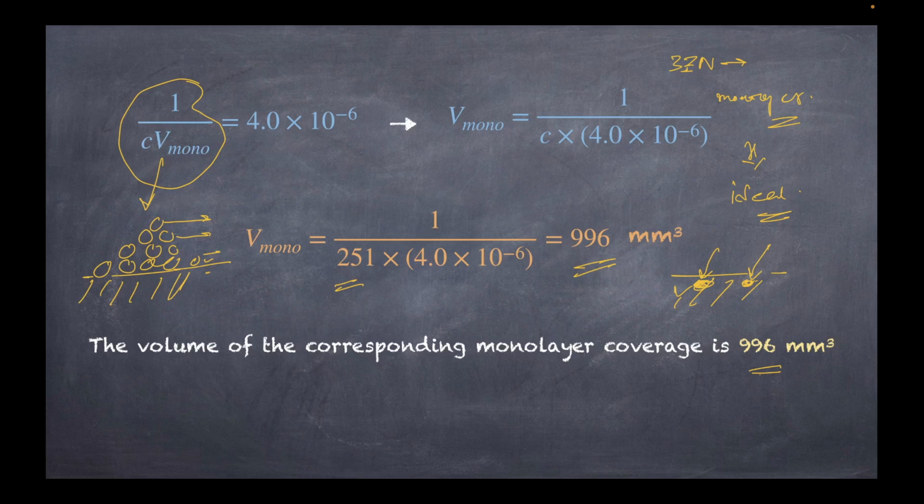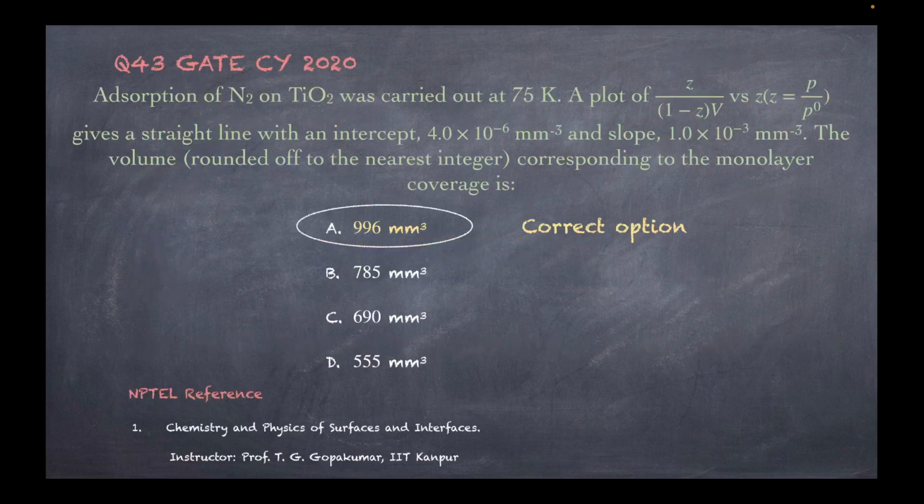But in the Langmuir isotherm, it is approximated that all the surface sites are equivalent, that means the surface is homogeneous. So this is just background or side notes.